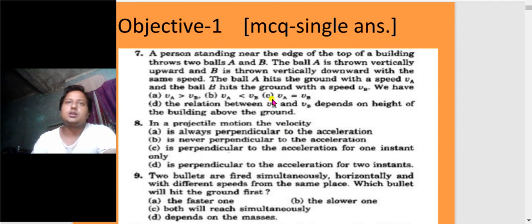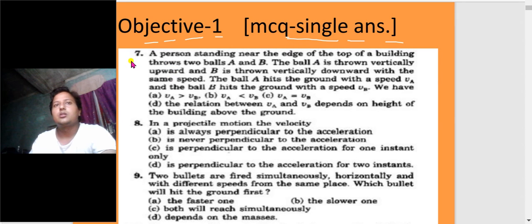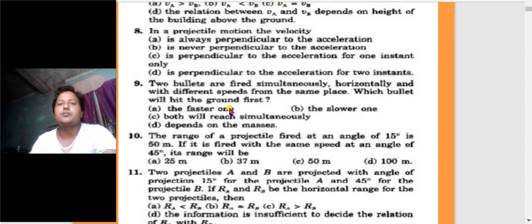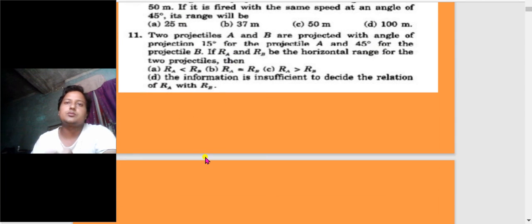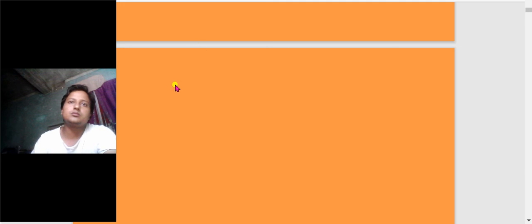Now we are taking objective first, MCQ single answer type. Question number 7. A person standing near the edge of the top of a building throws two balls A and B. Ball A is thrown vertically upward, B is thrown vertically downward. We have to compare the speeds. The question is, there is a tower from which two balls are projected at the same height.